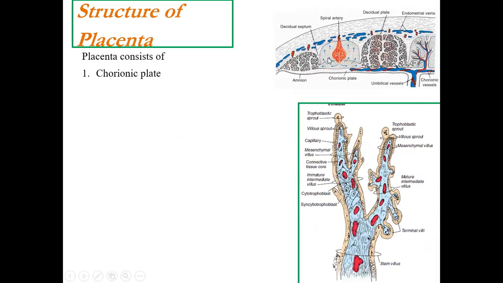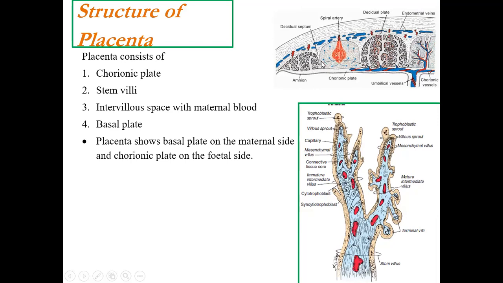The placenta consists of a chorionic plate which is towards the fetal side, stem villi, and then the intervillous space filled with the maternal blood. So these are the different stem villi, and between the villi will be the intervillous space which will be filled with the maternal blood. Then there is a basal plate which is towards the maternal side. So the placenta shows the basal plate on the maternal side and the chorionic plate towards the fetal side.